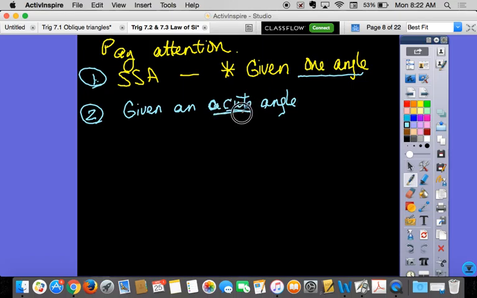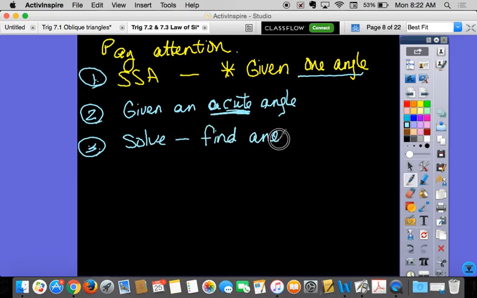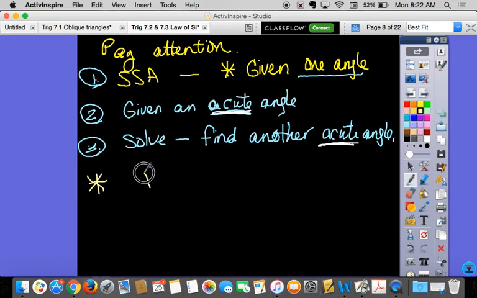So if it's acute, heads up, you solve, you find another acute angle. So if you're given acute and you solve it and you find another acute, that's when you know you have the dreaded ambiguous case.